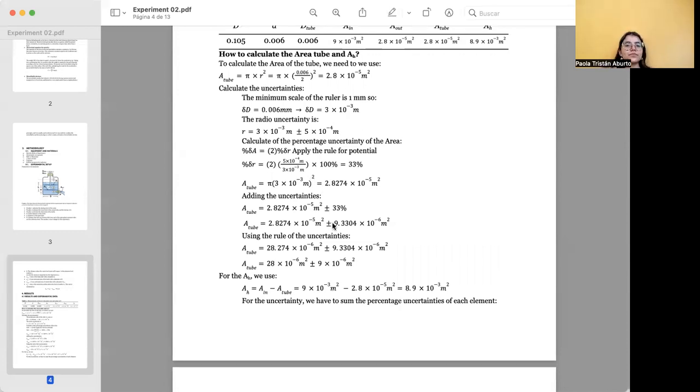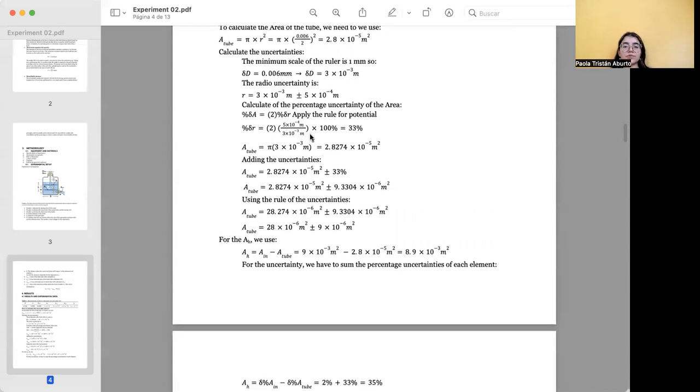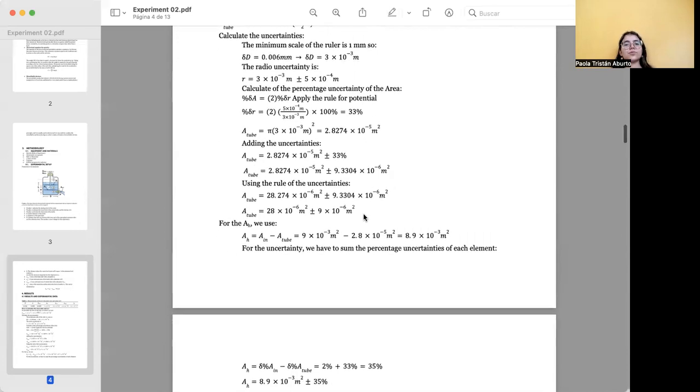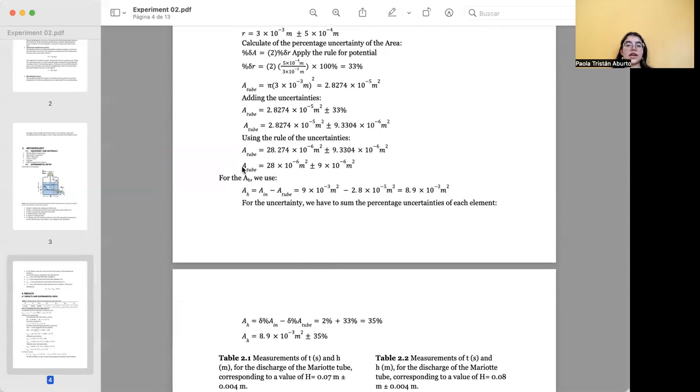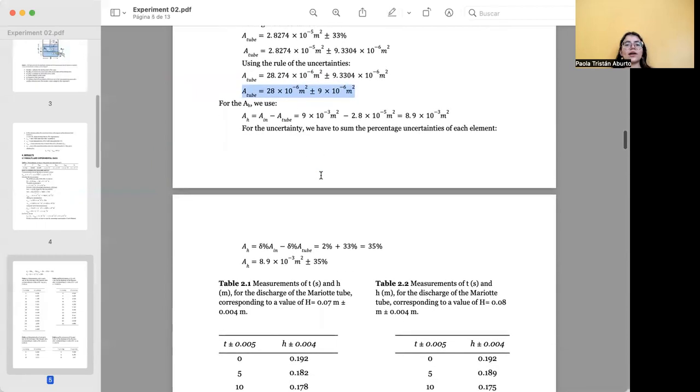We first calculate the area with the regular area equation, then its uncertainty with the minimum scale of the ruler, then we have the uncertainty of the radius. After we apply all of this, we obtain that the area of the tube is this result.